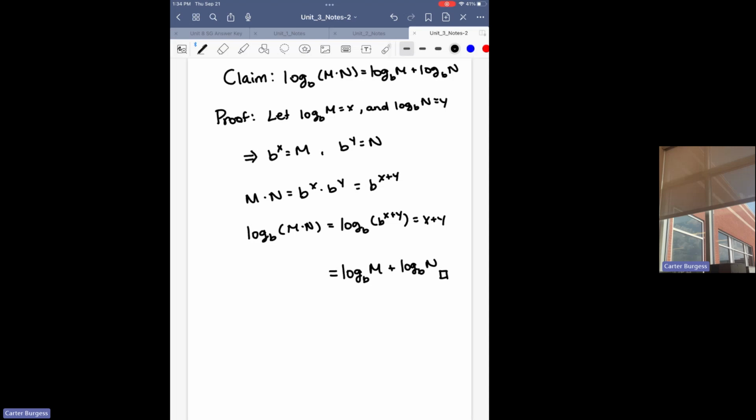When I take the product and take the logarithm, I end up getting the sum of the original two exponents. Which again comes from this exponential property right here, where when I do b to the x times b to the y, I add the exponents, but I condense into a single piece.